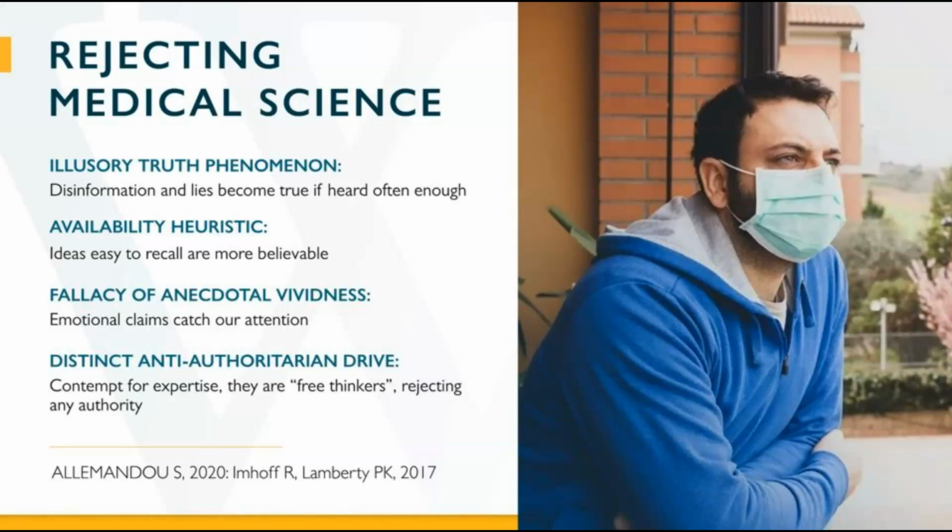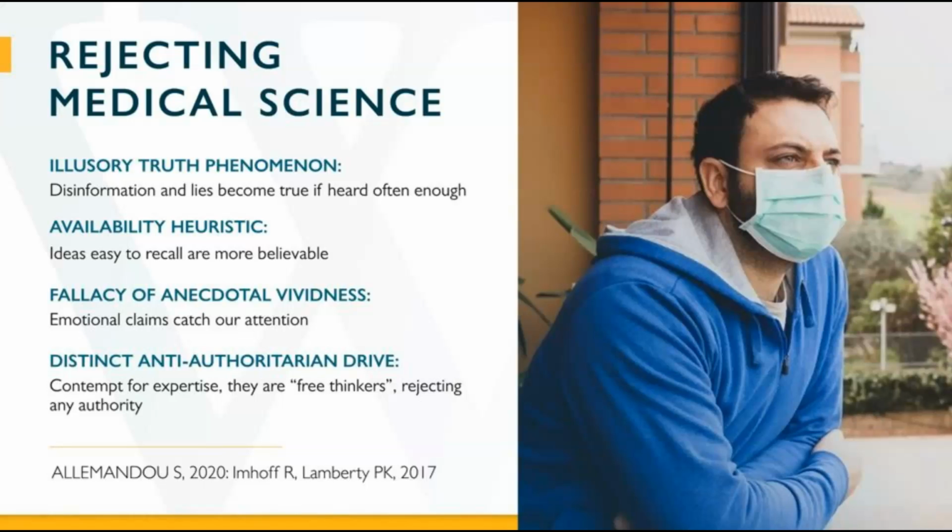The third is the fallacy of anecdotal vividness. And that is that emotional claims catch our attention. One of the pieces that you're going to see here as we move forward is that so many of the anti-vaxxers use these personal, emotion-filled pieces, and they reach out and grab people and literally touch their hearts.